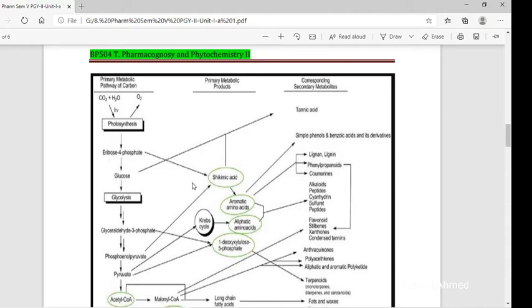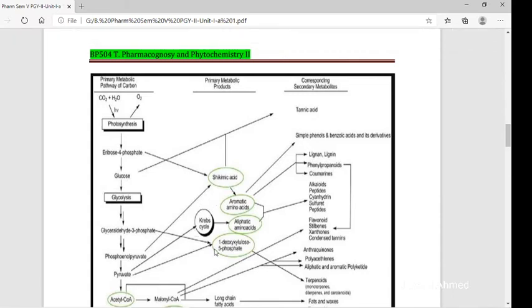There are so many cycles, the Krebs cycle, as you know, and the glycolysis cycle, as you studied in your biochemistry. From these we get the primary metabolic products, and from primary metabolic products we get the secondary metabolites.